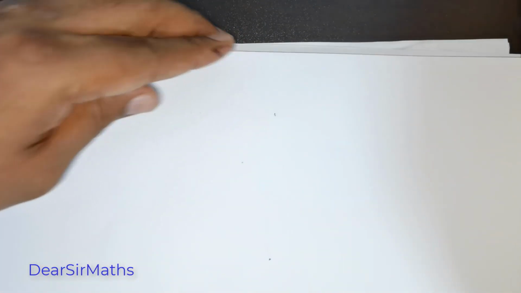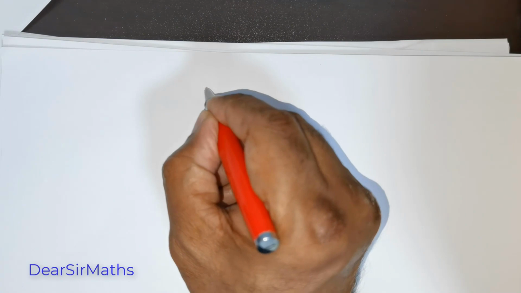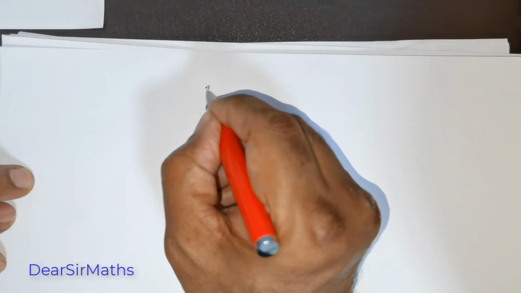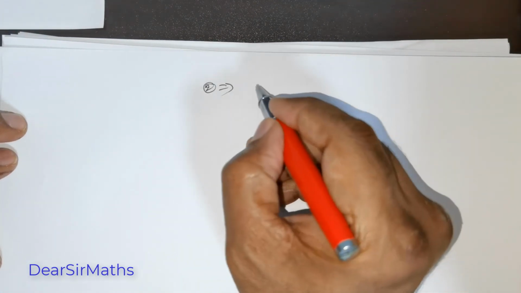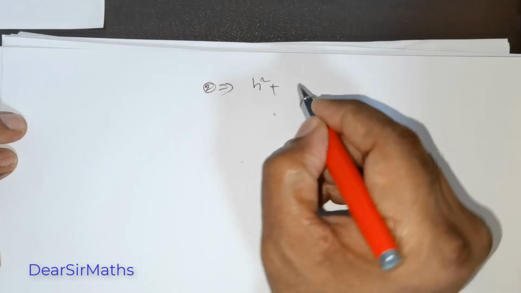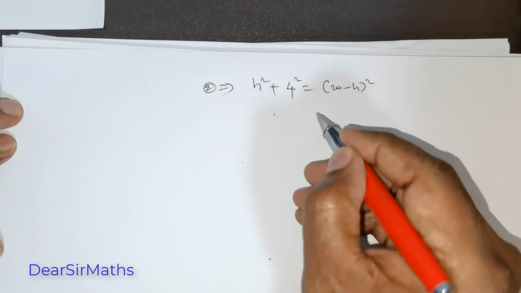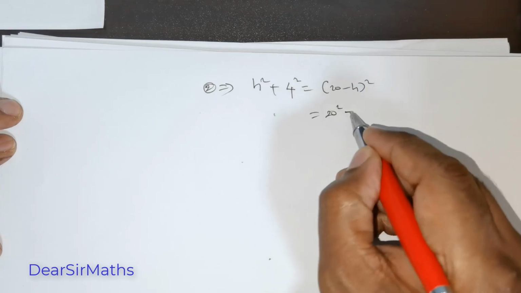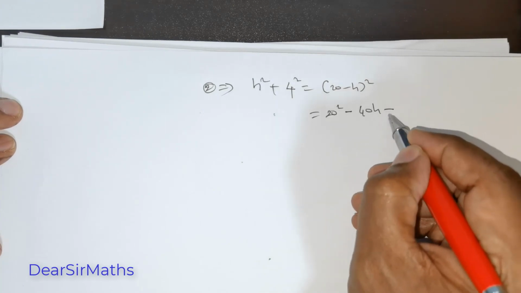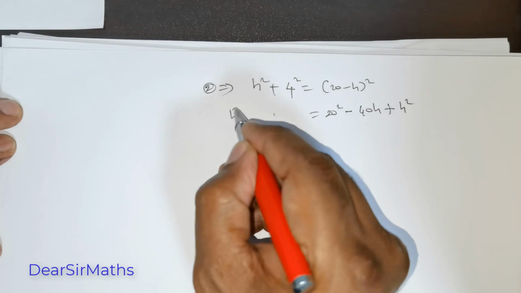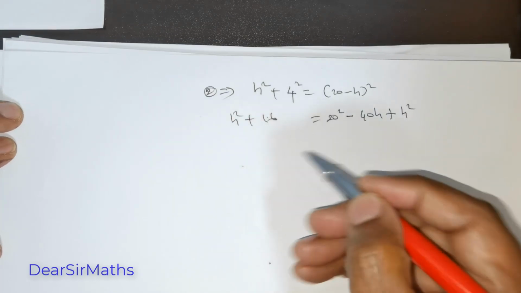So this is going to be, therefore 2 is going to be, as I mentioned, h squared plus 4 squared is equal to (20 minus h) squared. You expand this: 20 squared minus 40 times h plus h squared. Over here h squared plus 16.